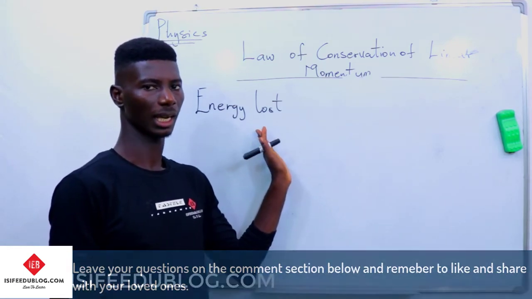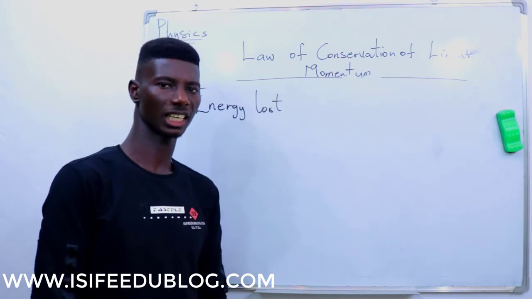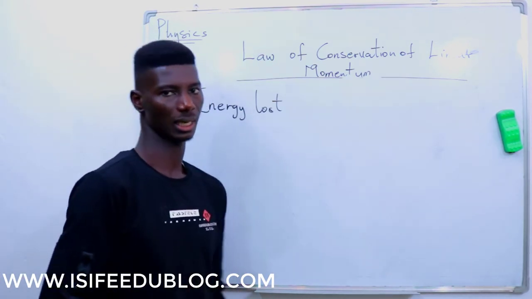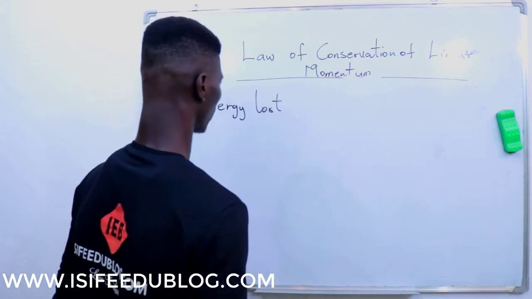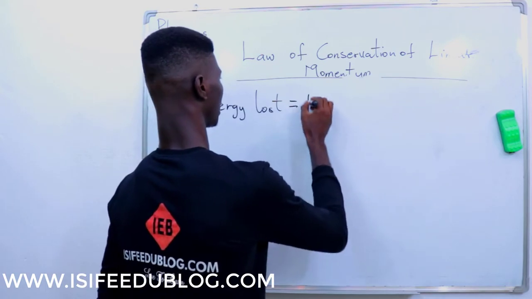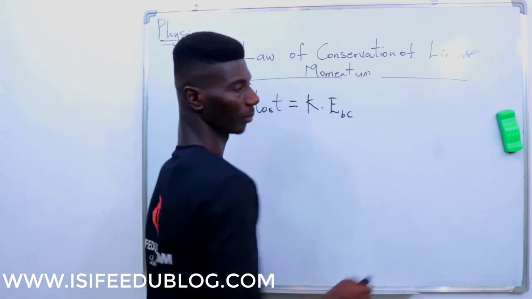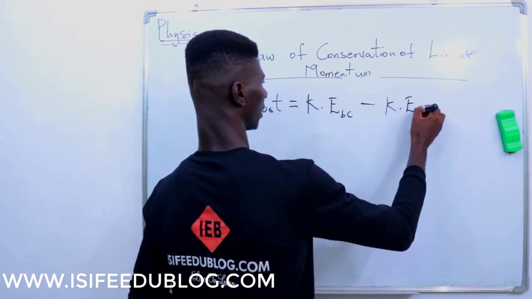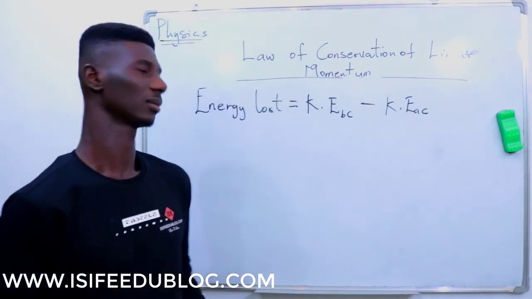So remember, kinetic energy before collision is always greater than kinetic energy after collision, provided that the collision is inelastic. So if you're asked to calculate the energy lost, it's very simple. It is just kinetic energy before collision minus kinetic energy after collision.